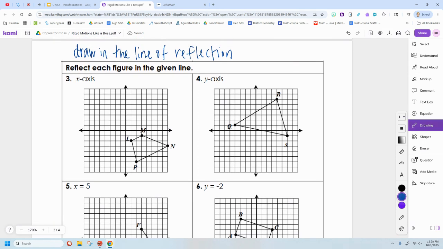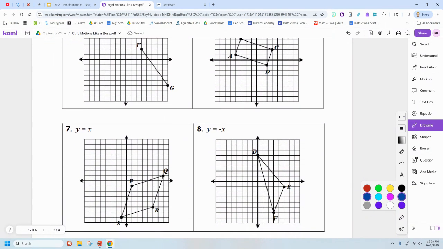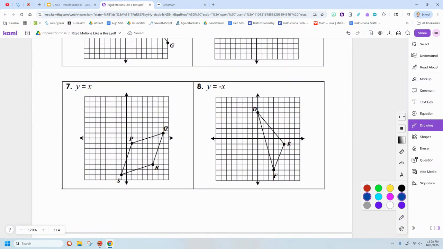I'm going to use my calculator to make sure I get the right line. And then once again, I'm counting to the line of reflection, counting the same distance on the opposite side, right? Does that make sense? Okay. The only ones that I don't do there are the ones at the bottom, which are the hardest. So for y equals x and y equals negative x, I do use the rule here.